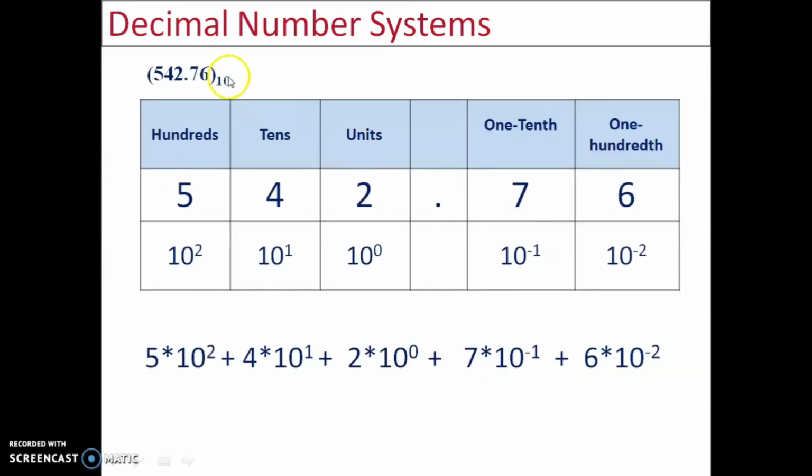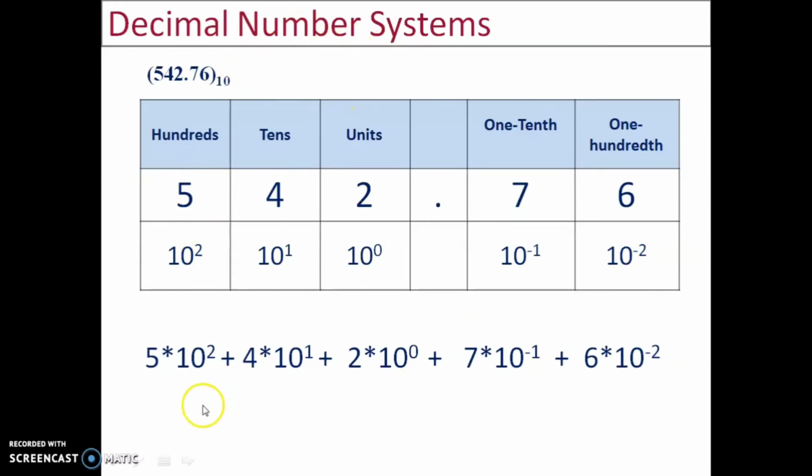The positional values are expressed as powers of 10. Consider an example, the decimal number 542.76. In 542.76, 2 is in the unit position, 4 is in the 10th position, 5 is in the 100th position. Numbers after the decimal point, that is 7, is in the 1/10th position and 6 is in the 100th position, since numbers after the point are represented as the -1 place, -2 place like this. Express these as powers of 10 because this is a decimal number system.